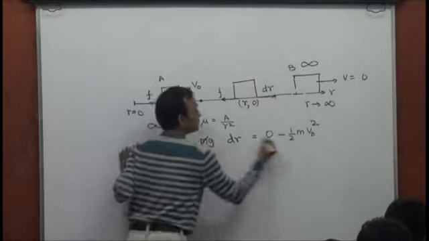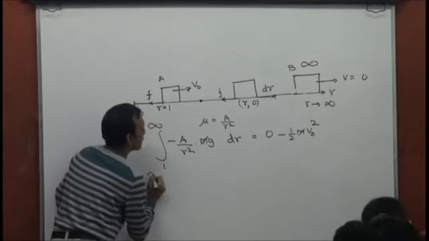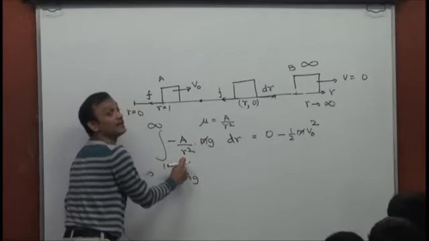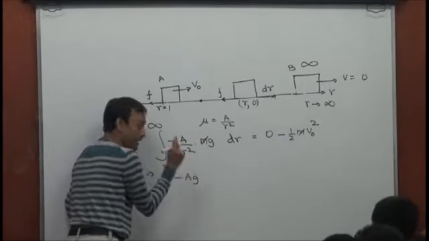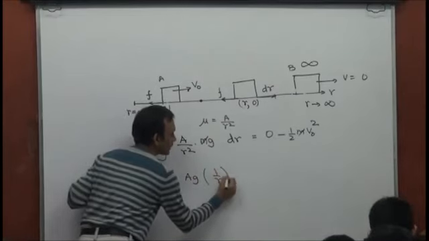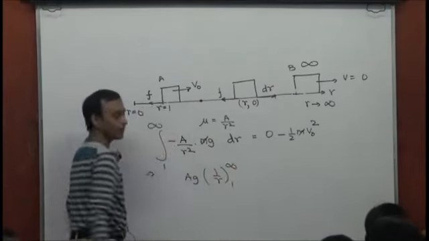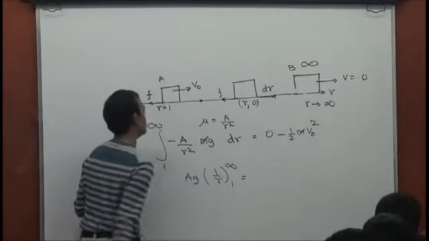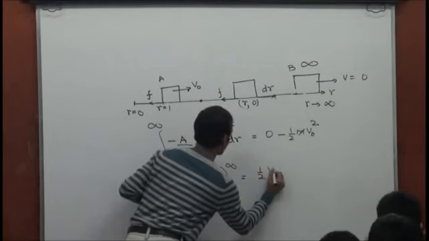So then obviously m gets cancelled. What we have is minus ag times the integral of 1 by r squared, which gives minus 1 by r, so this becomes 1 by r, where r runs from 1 to infinity, right? And that must be equal to minus half v naught squared.